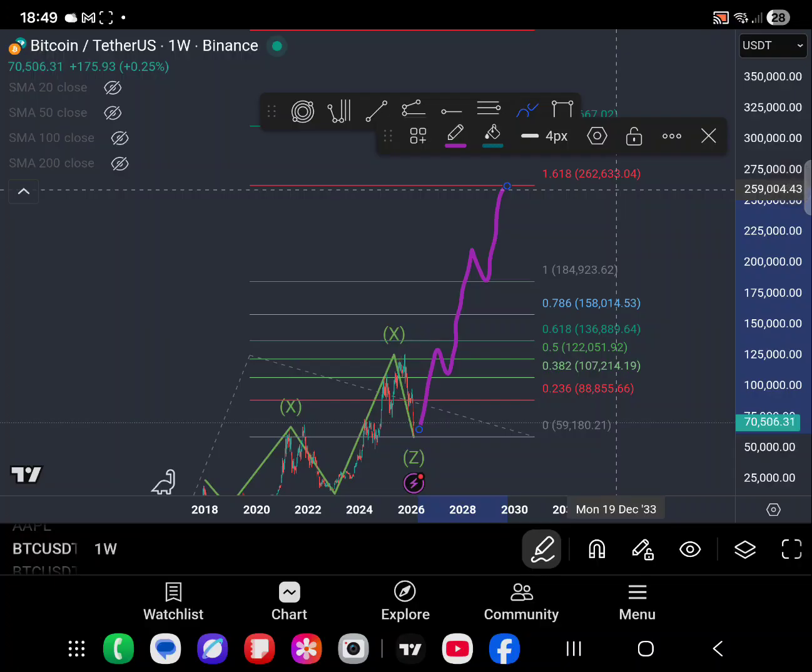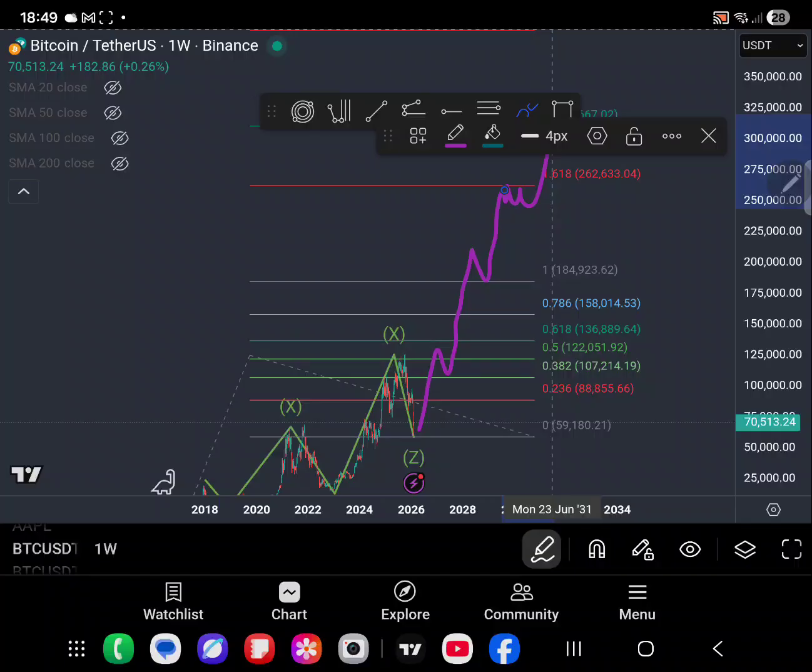And then it will have a wave 4 and then another move up. And when that next move goes up, I would guess probably going up to about $1 million a coin.